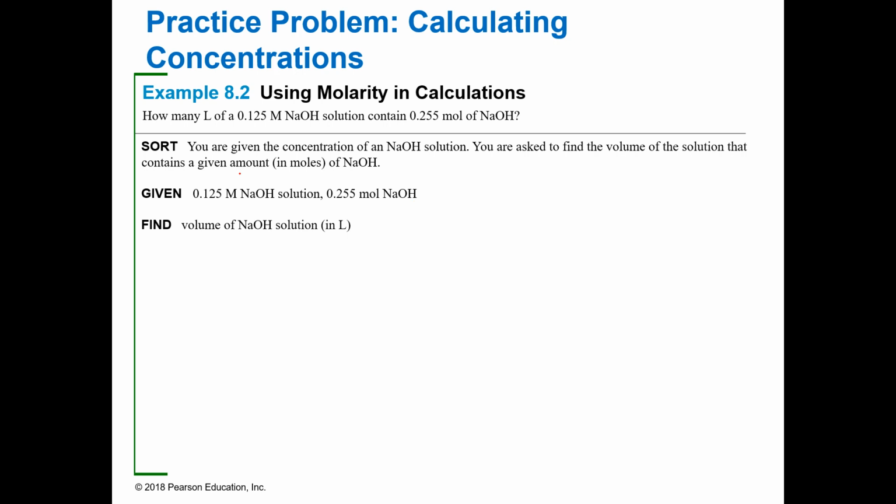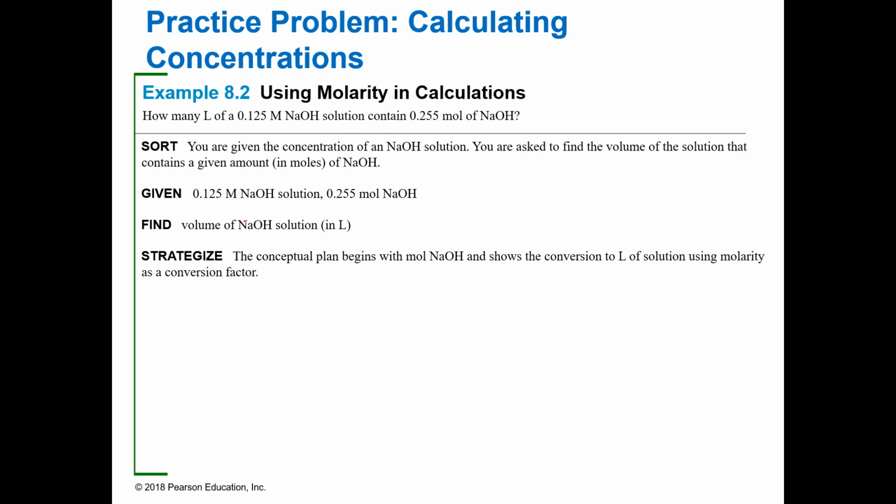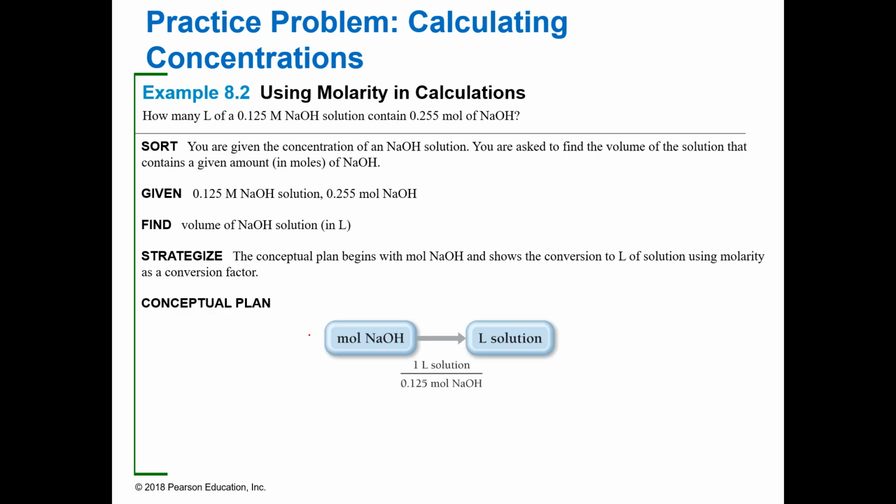So I can take my molarity and put that into a conversion factor. In this case, because I'm solving for liters, it'll be 1 liter over 0.125 moles, or if you were solving for moles, it would be flip-flopped.